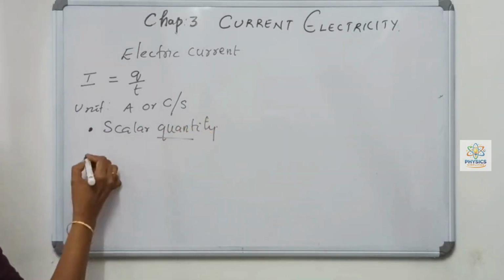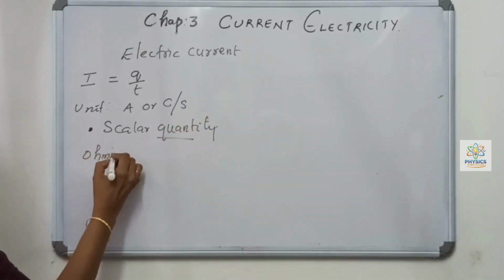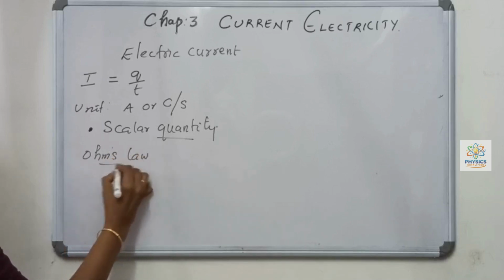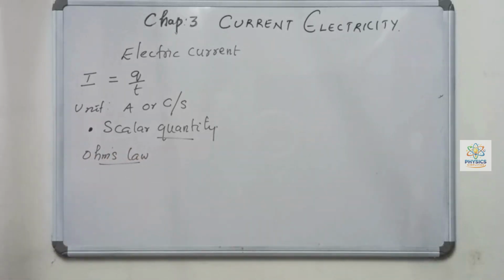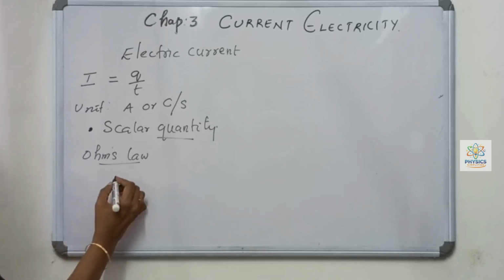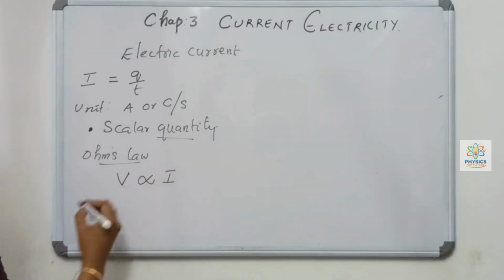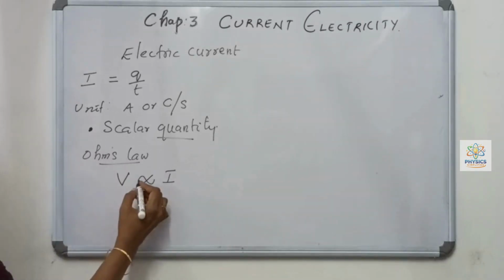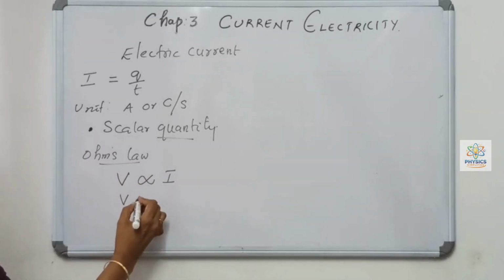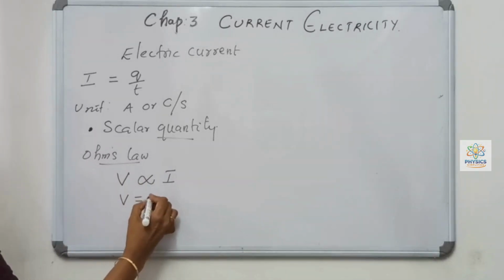So next we have to study Ohm's law. Ohm's law states that at constant temperature, the current flowing through a conductor is directly proportional to its potential difference. So we can write V is directly proportional to I. To remove this proportionality, we have to introduce a constant.